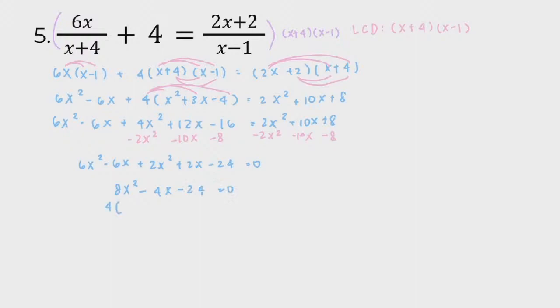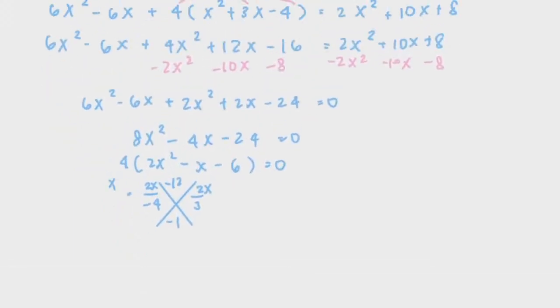We can factor out a 4. And to factor, that would be negative 12 on top, negative 1 on the bottom. So that's going to be negative 4 and 3. So that means we have 4 times x minus 2 times 2x plus 3 equal to 0.